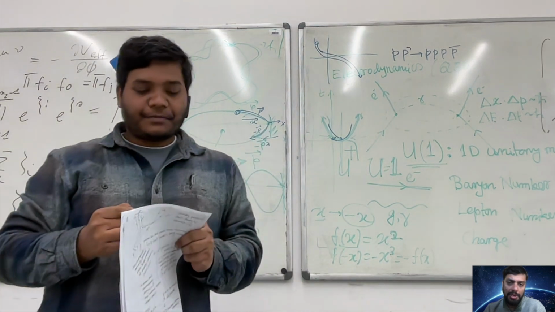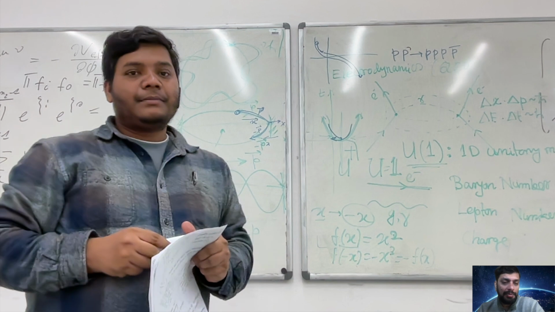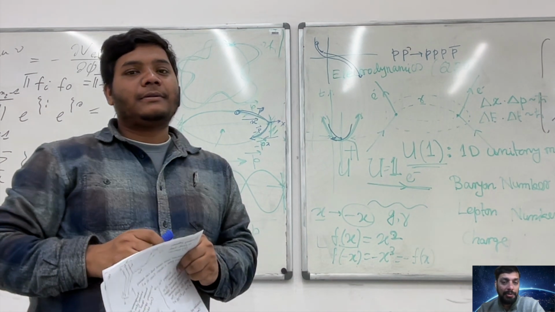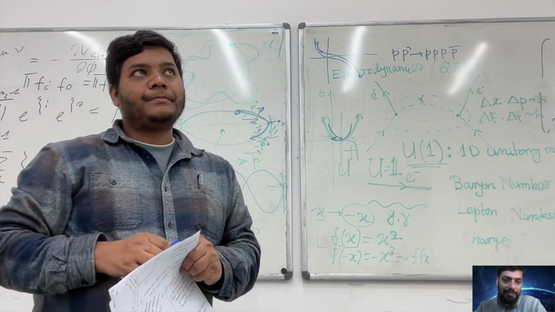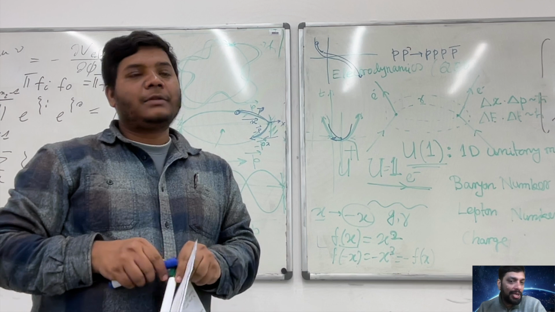So in the case of antiproton, how will the four vector look? For a proton, it looks like mc omega comma mv omega. For antiproton, it will be minus mc omega and minus mv omega.